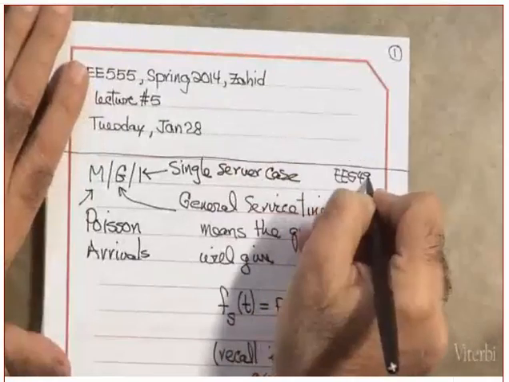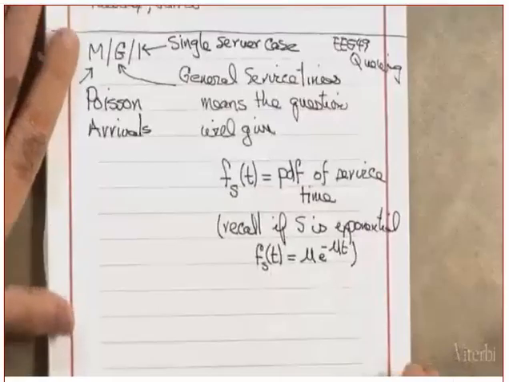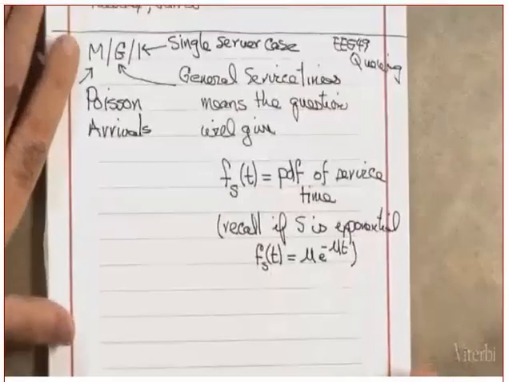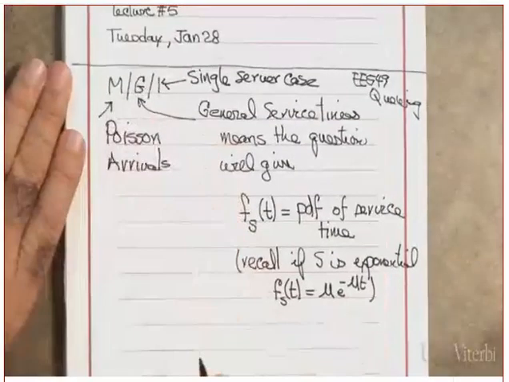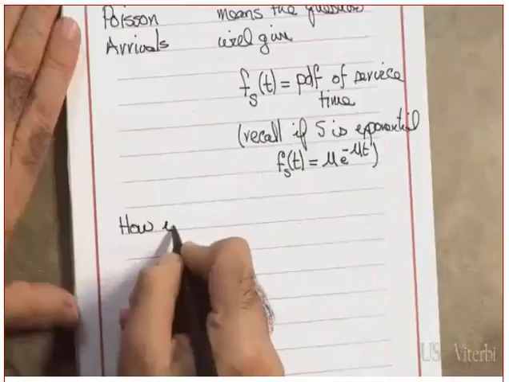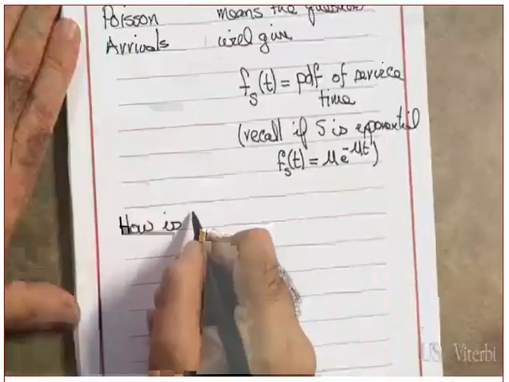Okay, so how is this type of queue different from the initial service time case?